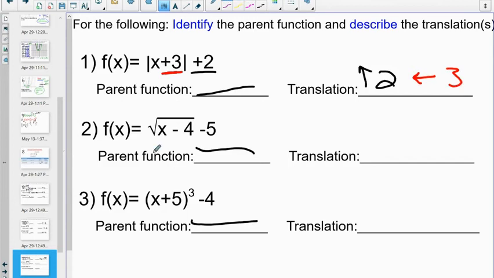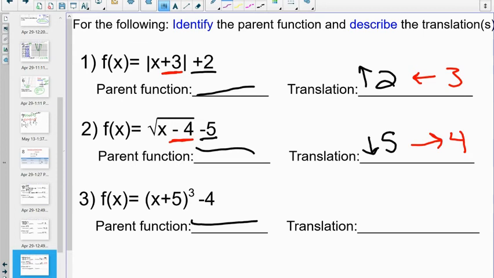I'm going to keep doing that for the following. So what's on the outside of that square root sign? It's the minus 5. So we're going down 5. And what's on the inside? Minus 4. And since it's minus, minus means right. So right 4.